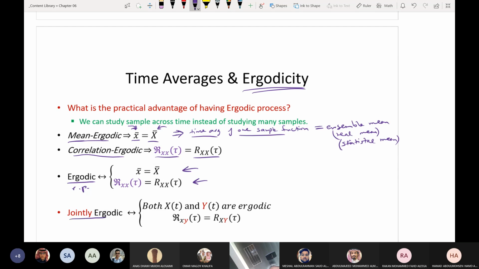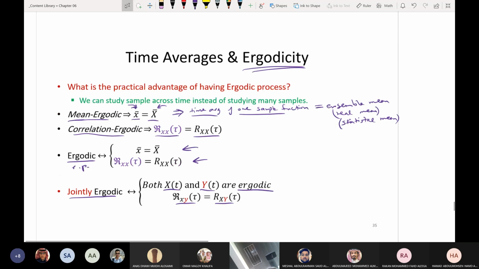And we call two random processes jointly ergodic if each one of them is ergodic and the time cross correlation function equals the ensemble cross correlation function. أي سؤال يا شباب؟ Is it clear?